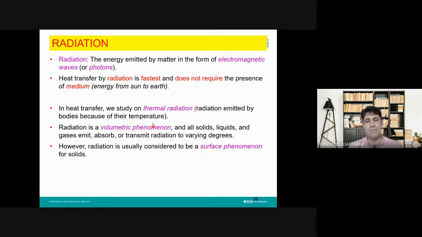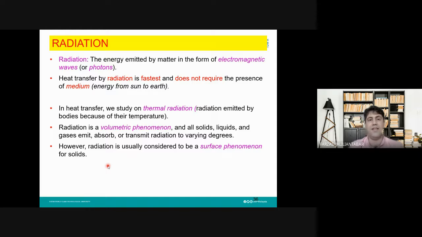As I told you, however, we say that radiation is a volumetric phenomenon. Usually, we assume that it is a surface phenomenon for solids, because, as you know, the liquids and the gases are transparent. So we may consider radiation as a volume phenomenon for them.